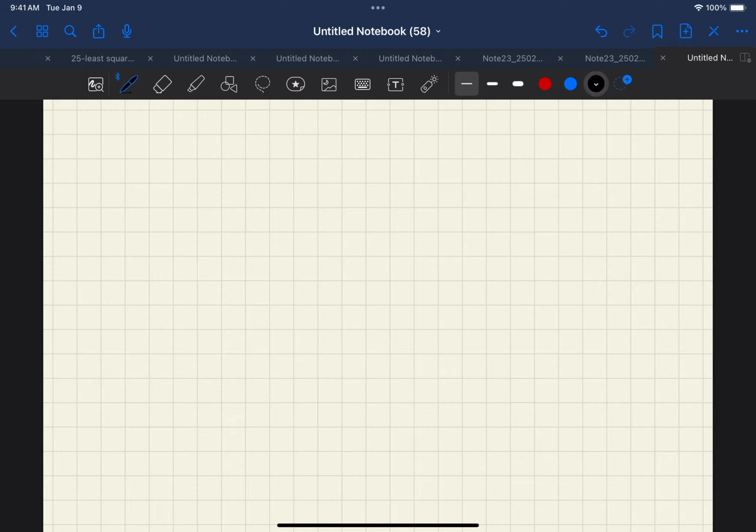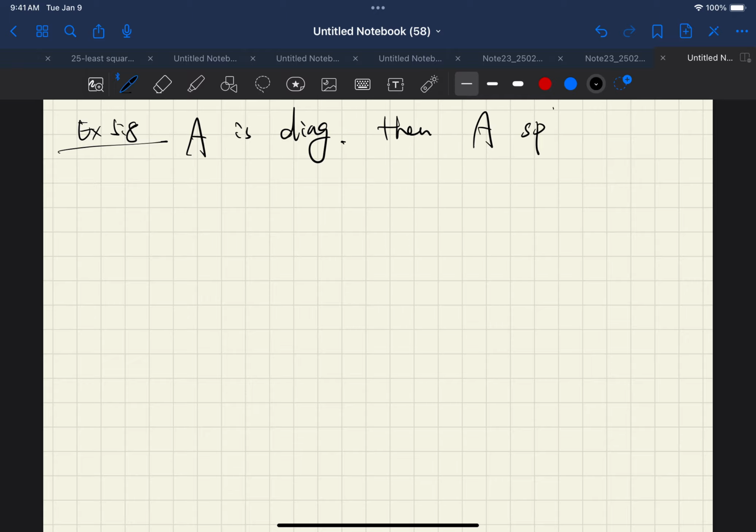So the answer is the following. If A is diagonalizable, then A splits over F. In other words, splitting is a necessary condition for diagonalizability, but not the other way around. I cannot say that if A splits, then it's diagonalizable.